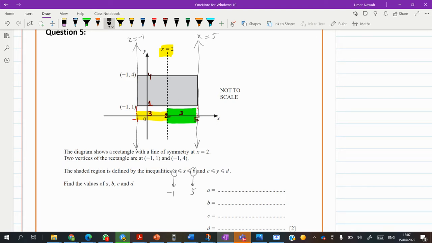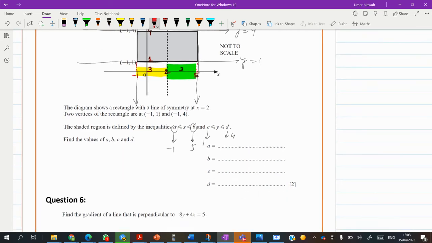And what are the limits for the y-axis? Check. This line is y equals 4, and this line is y equals 1. So c should be 1 and d should be 4.